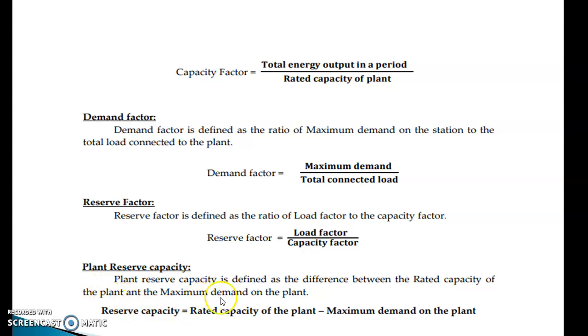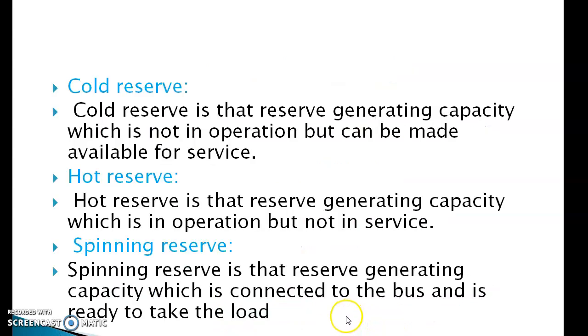Next one is plant reserve capacity. The plant reserve capacity is defined as the difference between rated capacity of the plant and the maximum demand of the plant. Reserve capacity is equal to rated capacity of the plant minus maximum demand on the plant. Next, cold reserve. Cold reserve is that reserve generating capacity which is not in operation but can be made available for service.